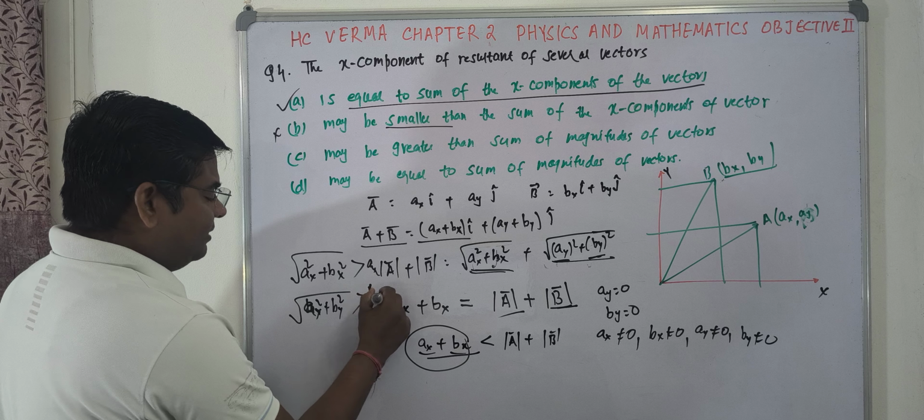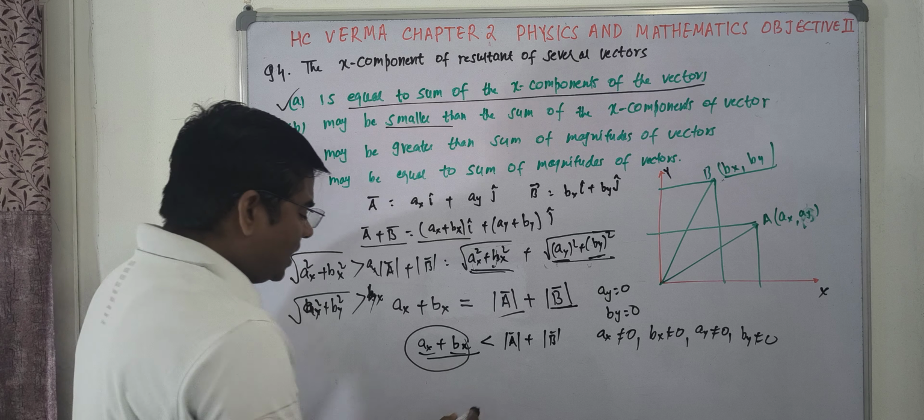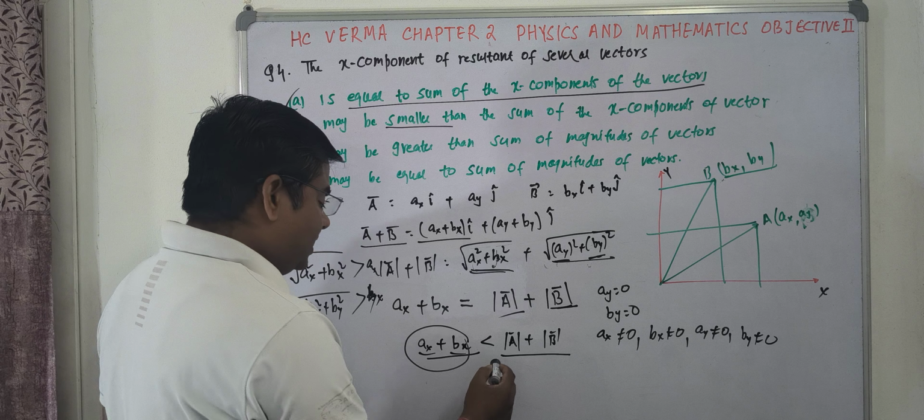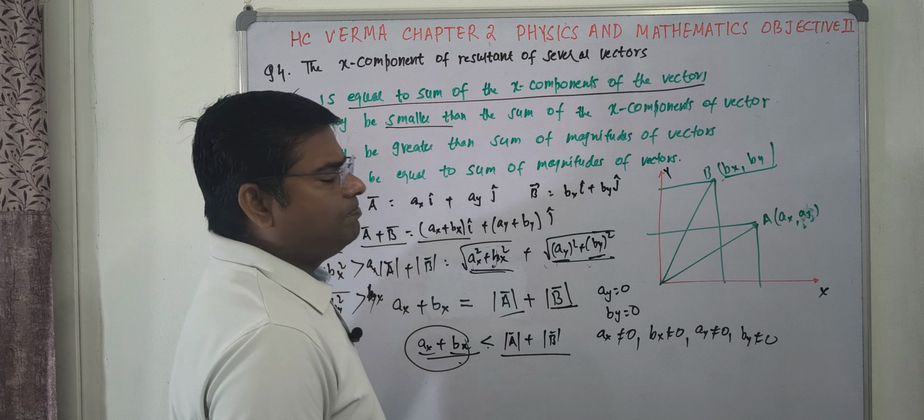So mod of a plus mod of b is always greater than ax plus bx.